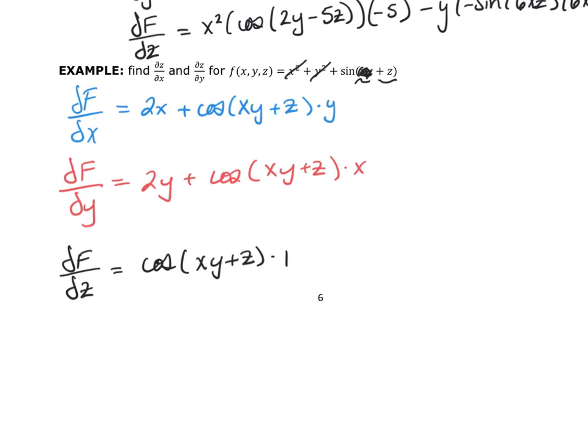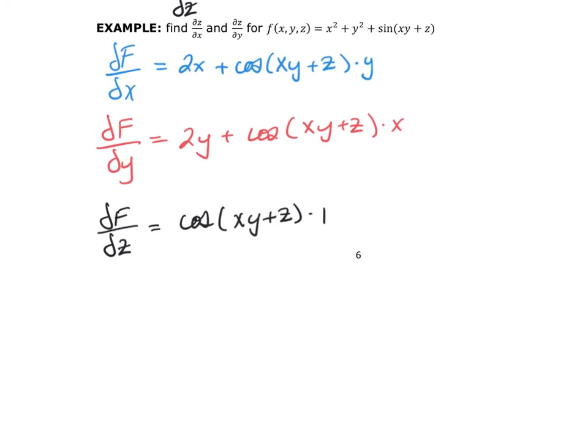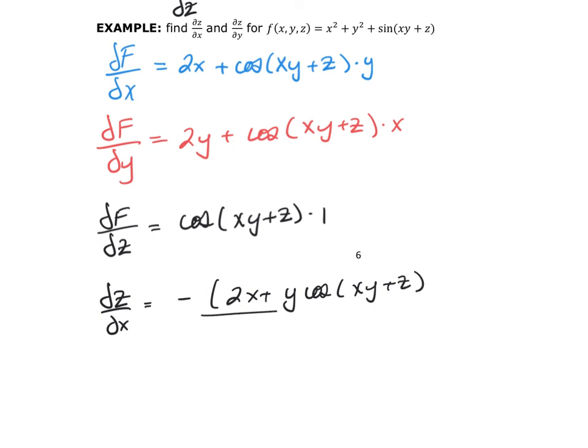So, now my derivatives, nice, easy peasy, lemon squeezy. My dz dx is going to be a negative 2x plus the cosine of xy plus z. Oh, I probably should put that y in front so I don't lose it. So y, the cosine of xy plus z, divided by the cosine of xy plus z.